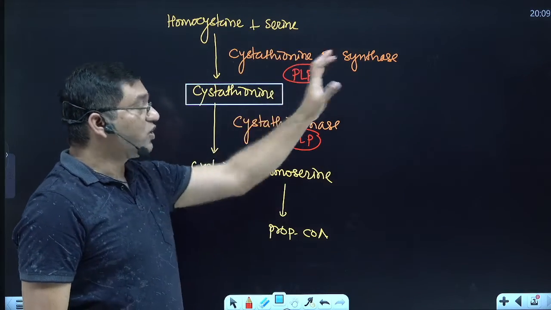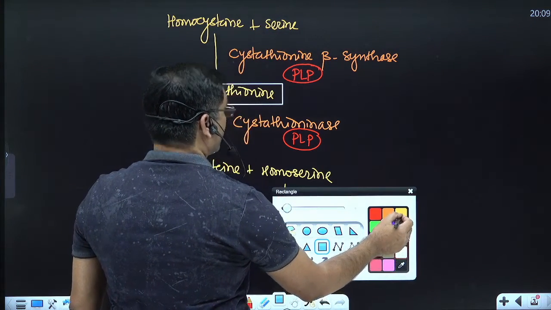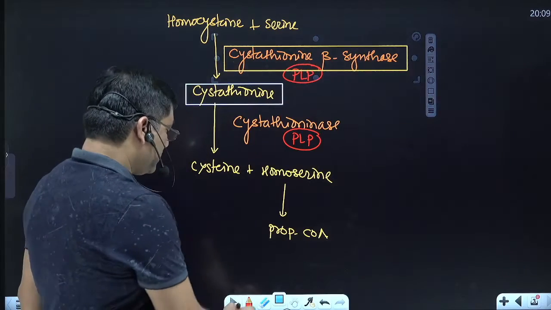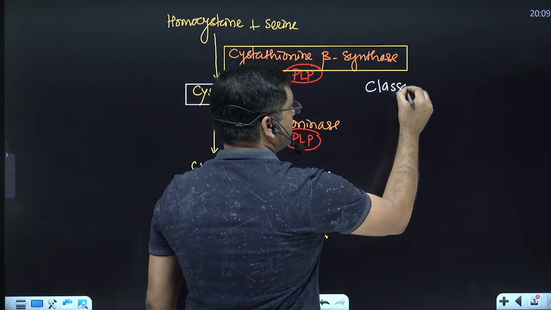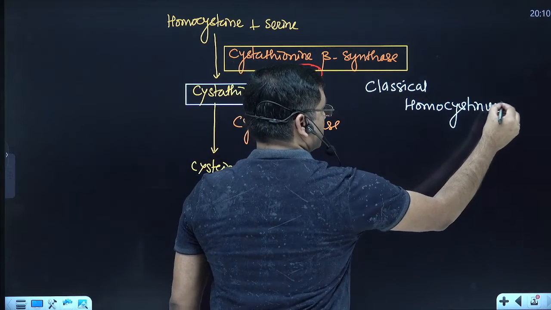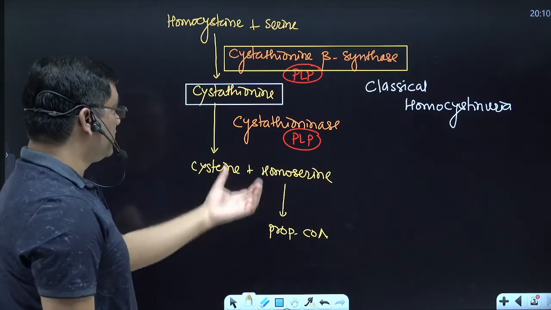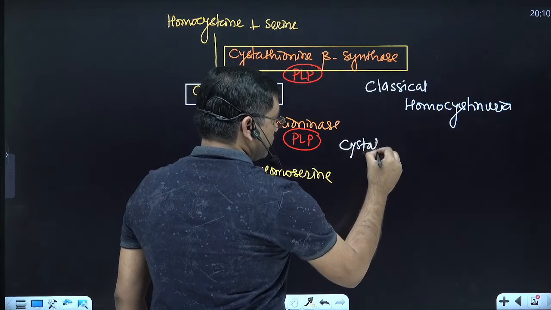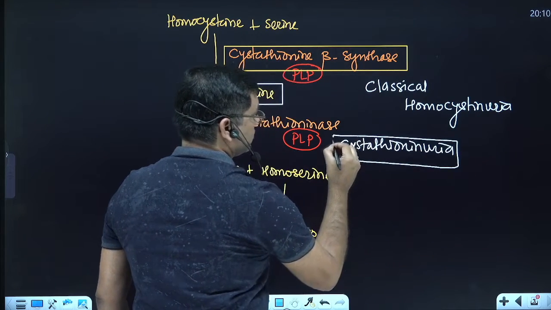Defect in the important enzyme cystathionine beta synthase causes classical homocystinuria, also known as homocystinuria type 1. The deficiency of cystathioninase causes cystathioninuria.